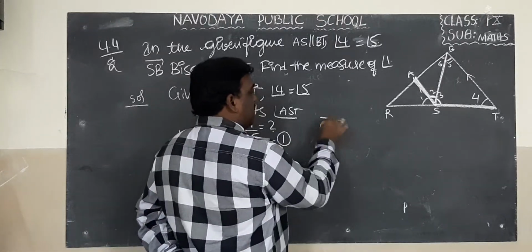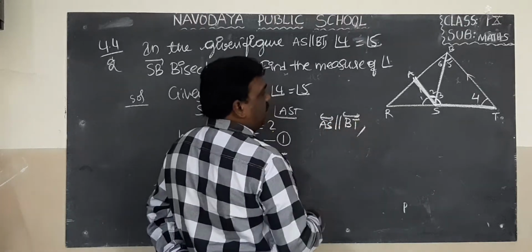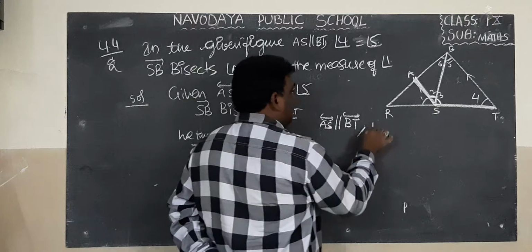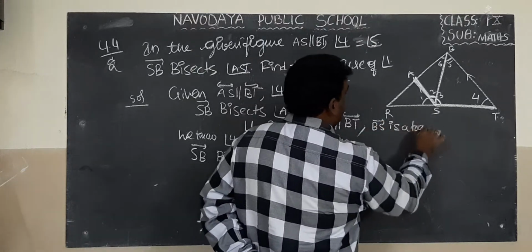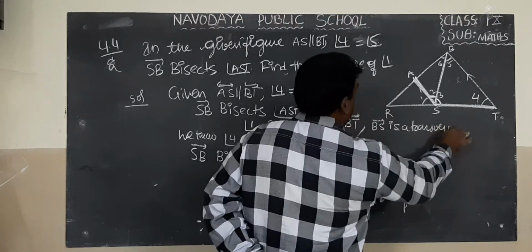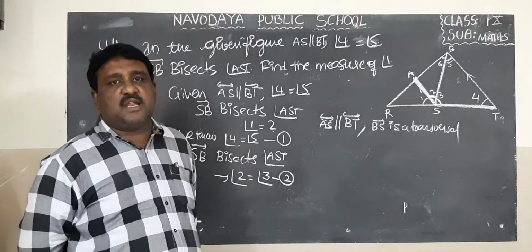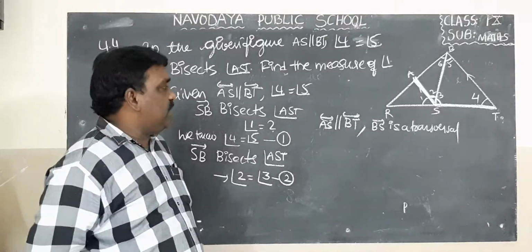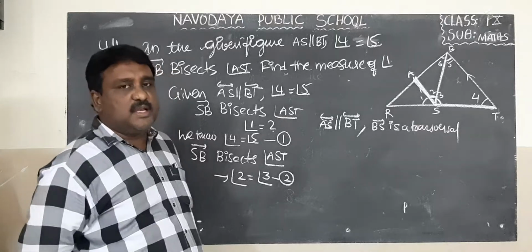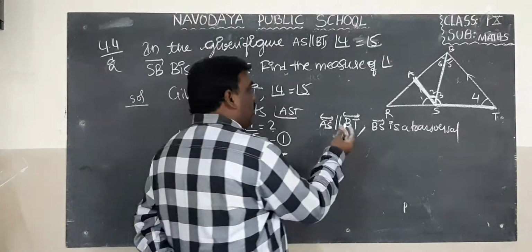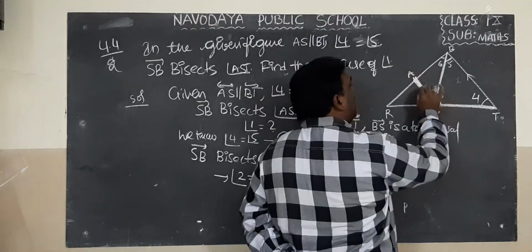AS parallel BT, comma, BS is a transversal. Then what are the angles equal? I am talking about the arrow marked lines.